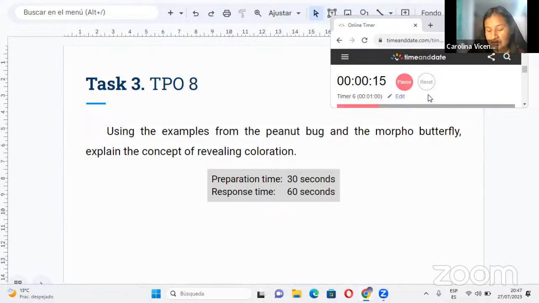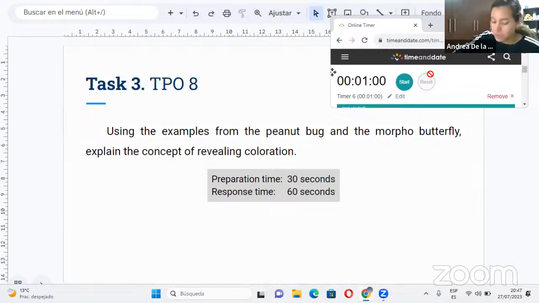And the second example was the morpho butterfly. That is the same thing, but in this way, it is very shiny, right? And when a bird attacks it, they use this shiny light to get away from them.